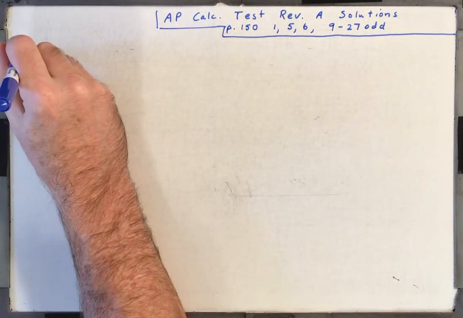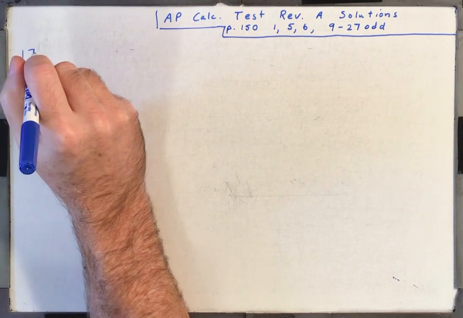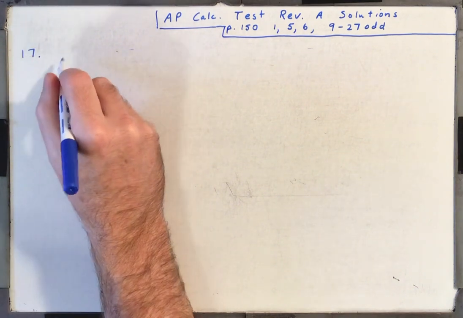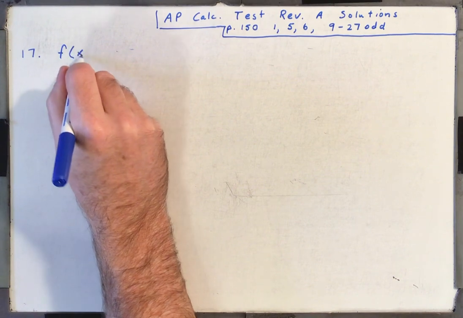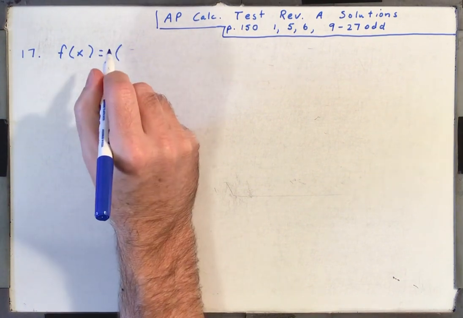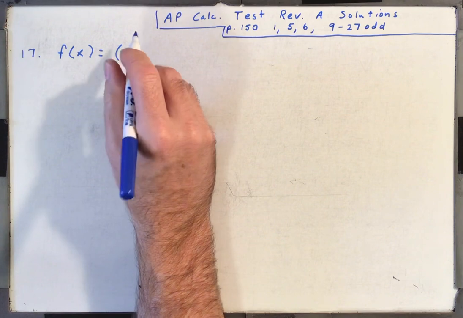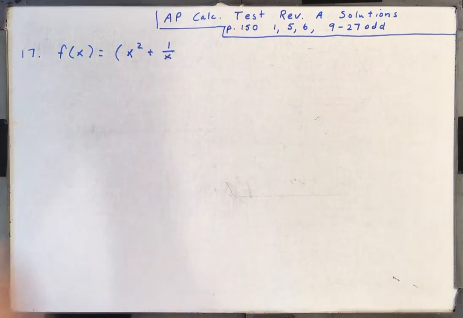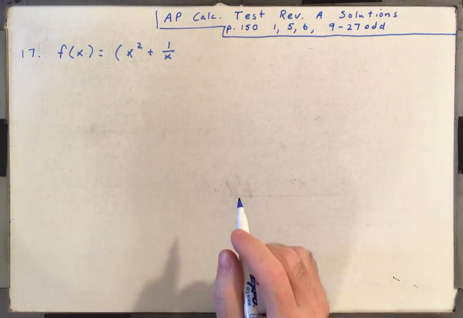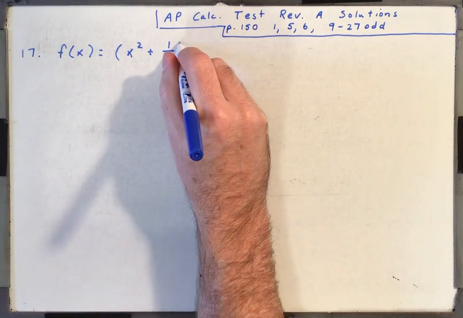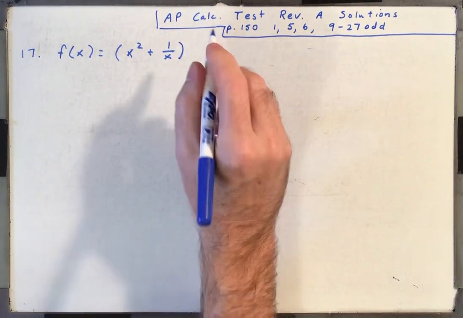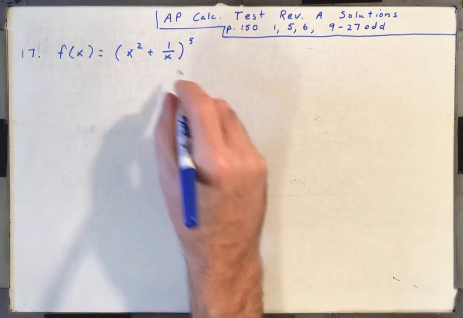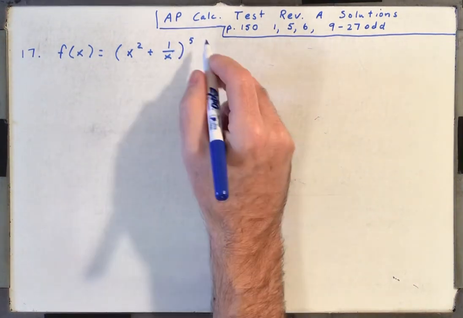Okay, number 17. So 17, we have f of x is equal to x squared plus 1 over x, all to the fifth.